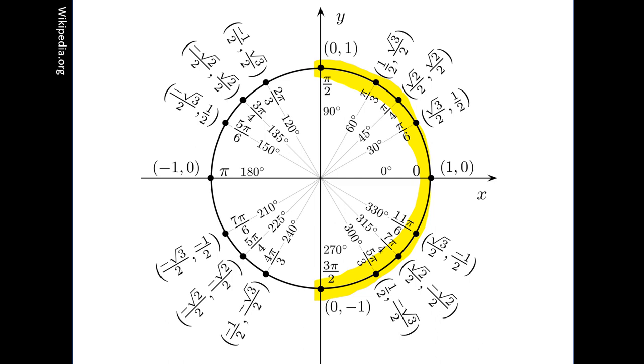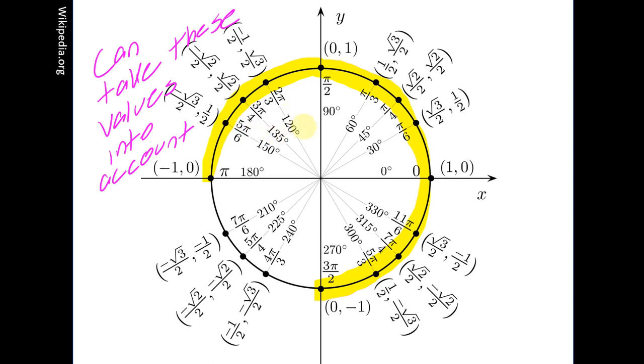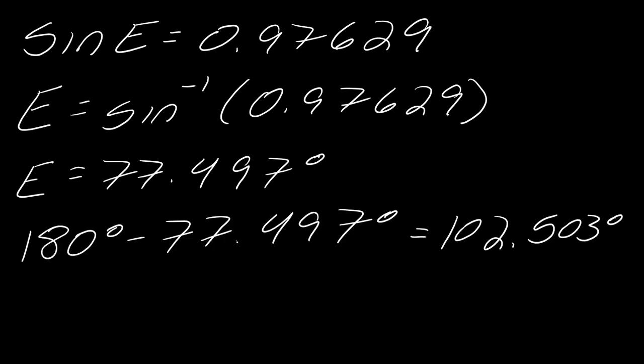That's what your calculator is thinking of. However, we aren't talking about inverse functions strictly. Our context here is triangles. Because of that, we can take the other part of the unit circle into account, i.e. we can take 180. That's why I brought up that second tip earlier.